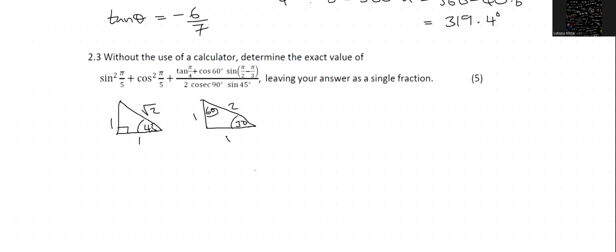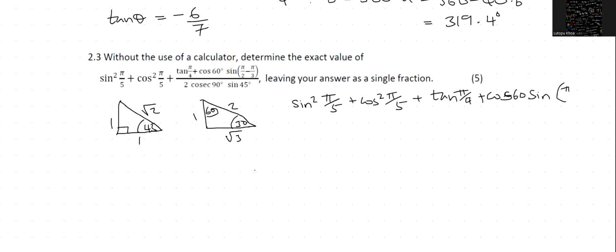Okay, so I have sine squared of pi over 5 plus cos squared pi over 5 plus tan of pi over 4 plus cos of 60 times sine of pi over 2 minus pi over 3.